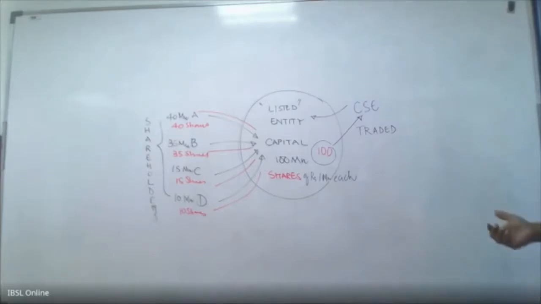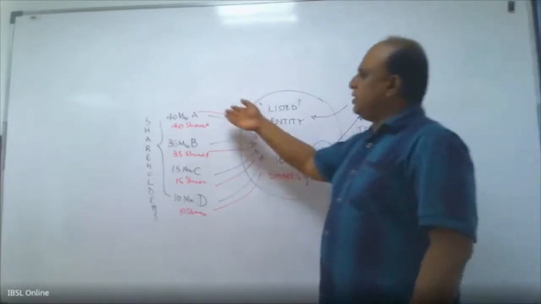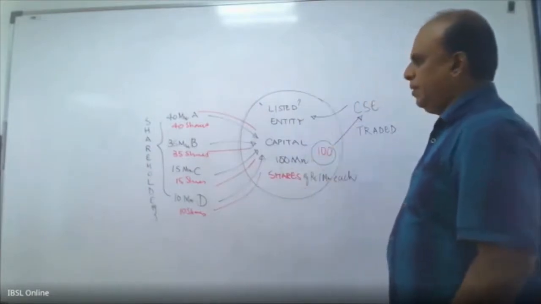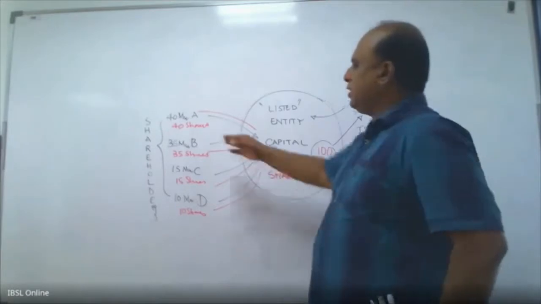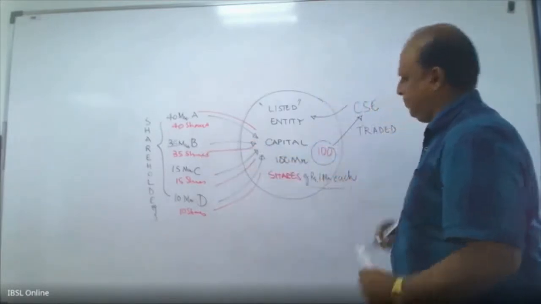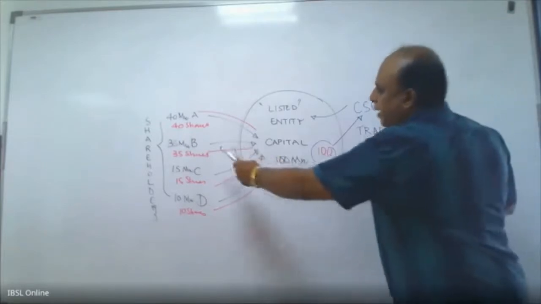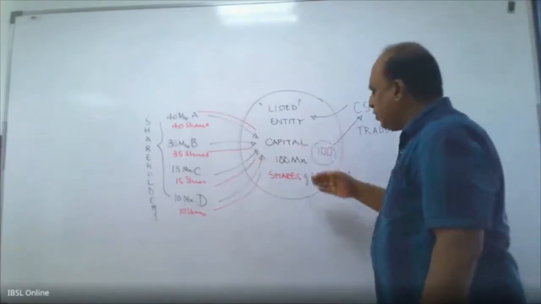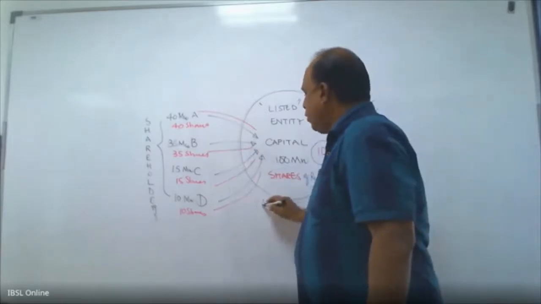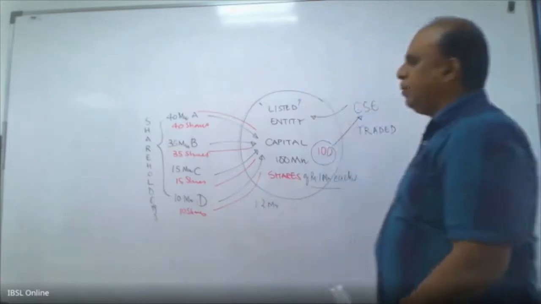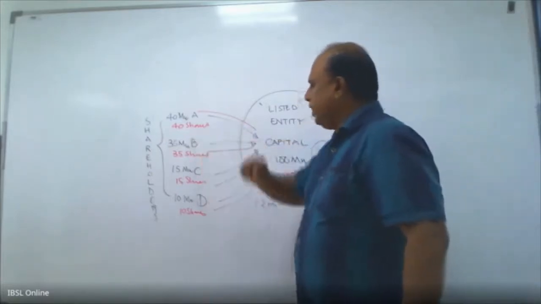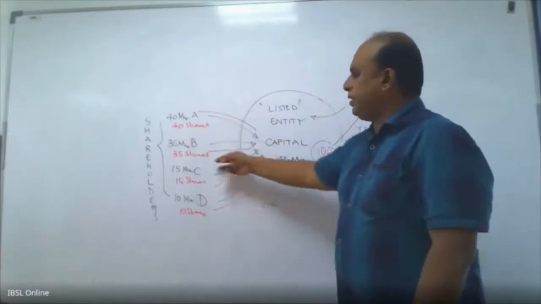So how it can happen is when any of these shareholders want to sell their shares, they will make a bid. They will say, I want to sell these shares. Now you know the price of one share is 1 million, that is the price that they have paid, but they may not want to sell it at 1 million. They might sell it at, let's say, 1.2 million. So let's say we want to sell these 35 shares at 1.2 million.